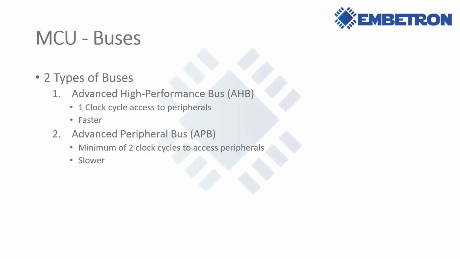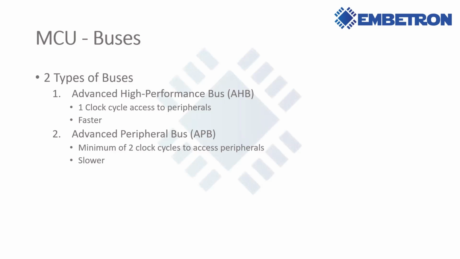MCU buses. So there are two types of buses: Advanced High performance Bus, also called AHB, and Advanced Peripheral Bus, also called APB. The difference between these two buses is, of course, as the name suggests, advanced high performance.